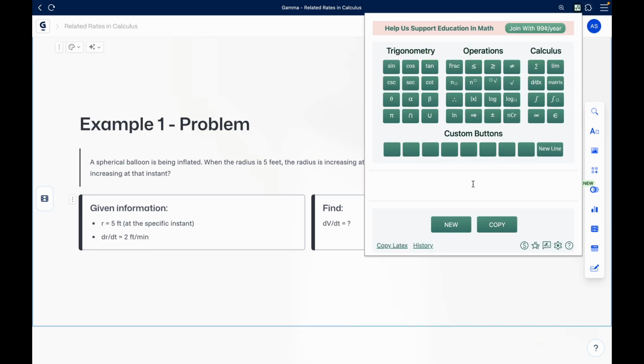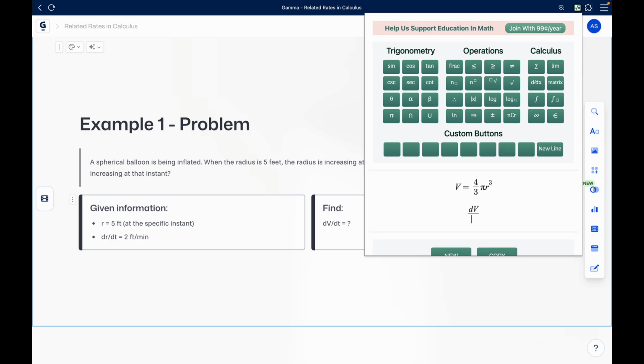First, we have to state the volume formula, because when we differentiate the volume, we'll get the equation required to solve our problem. So volume is equal to 4/3 multiplied by pi r cubed. What's next is we have to differentiate this.